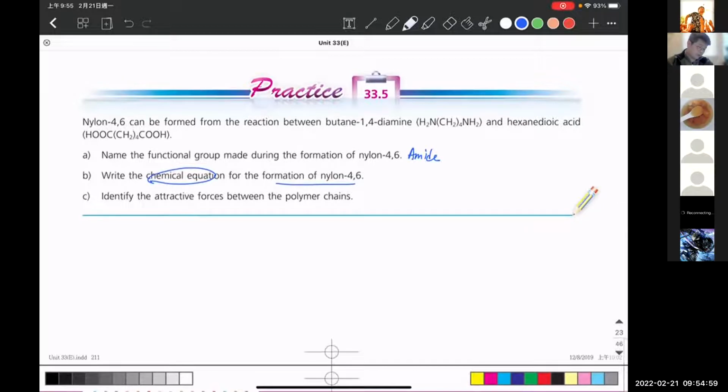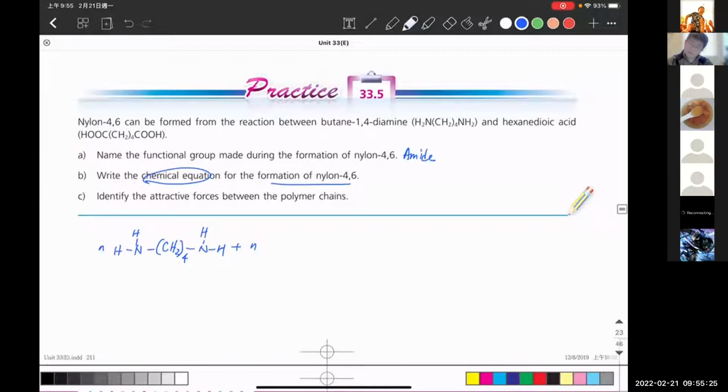Nylon 4,6. Remember, 4 refers to the amine, while the acid is hexanedioic acid. So you will see 4, but not 6. Remember, it's 4, not 6, because you need to count the carboxyl group carbon.